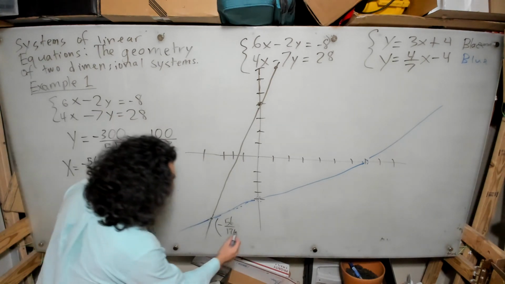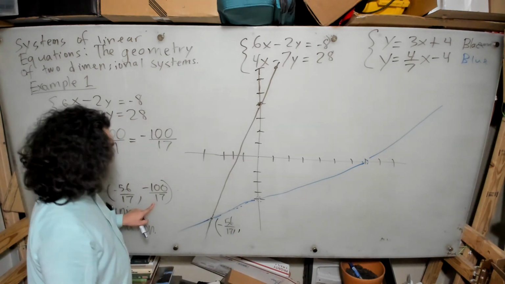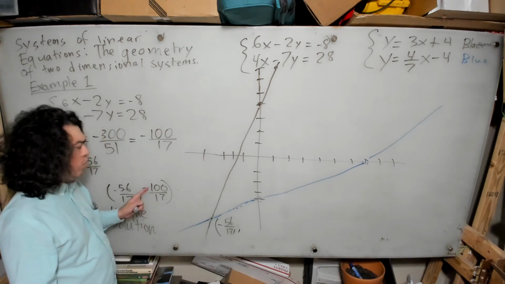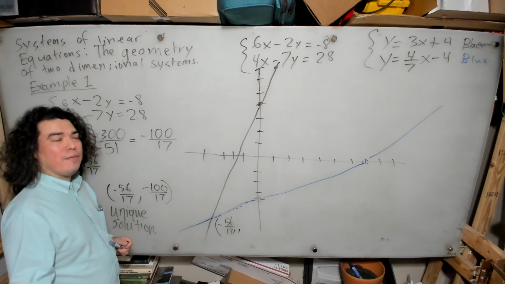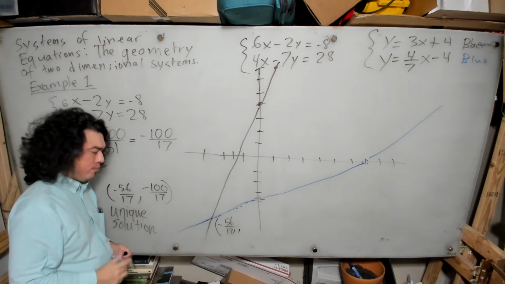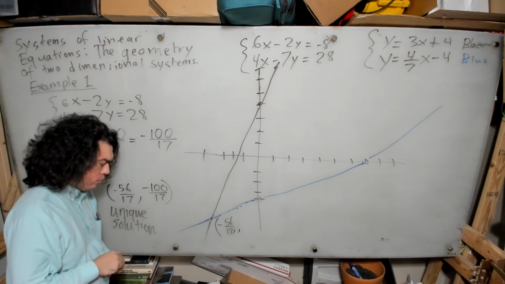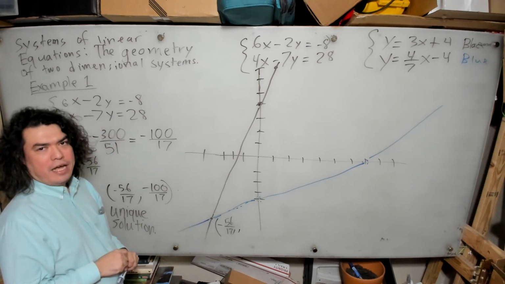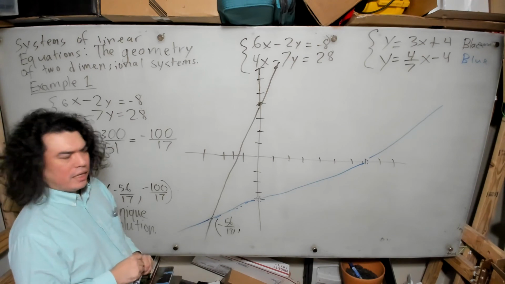Now, if you think about that one, okay, what is that? Well, 17 is almost 20, right? So 100 over 17 is going to be a little more than 5, but it's not going to be like 6.